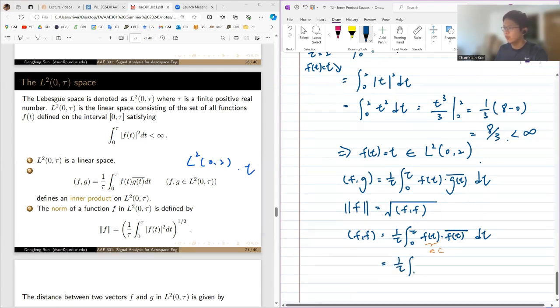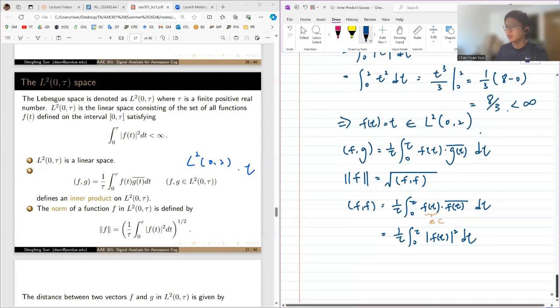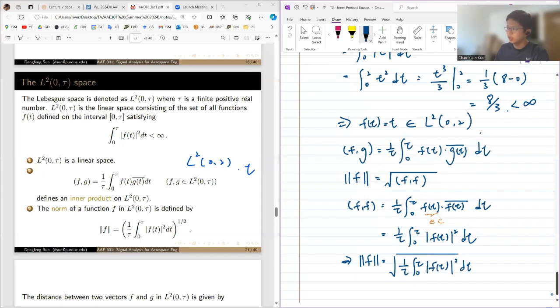So here we have 1 over tau, 0 to tau, |f(t)| squared dt. This means the norm of f will just be the square root of 1 over tau times the integral from 0 to tau of |f(t)| squared dt.